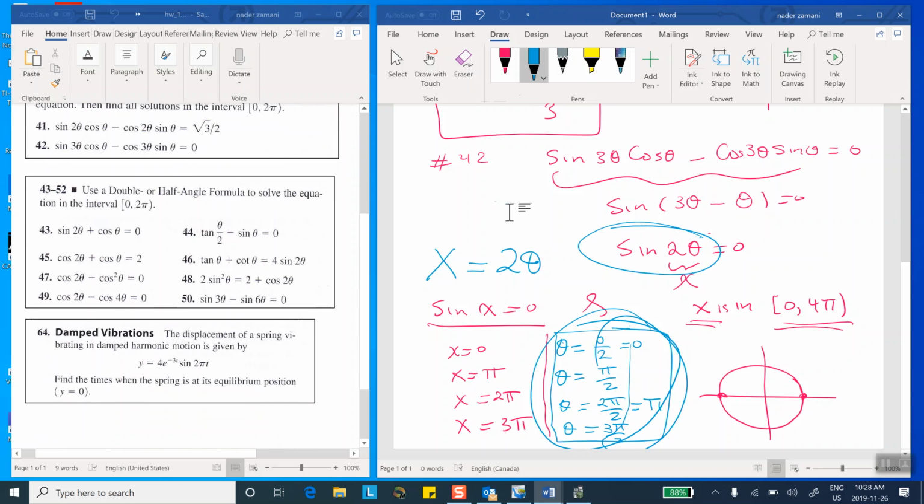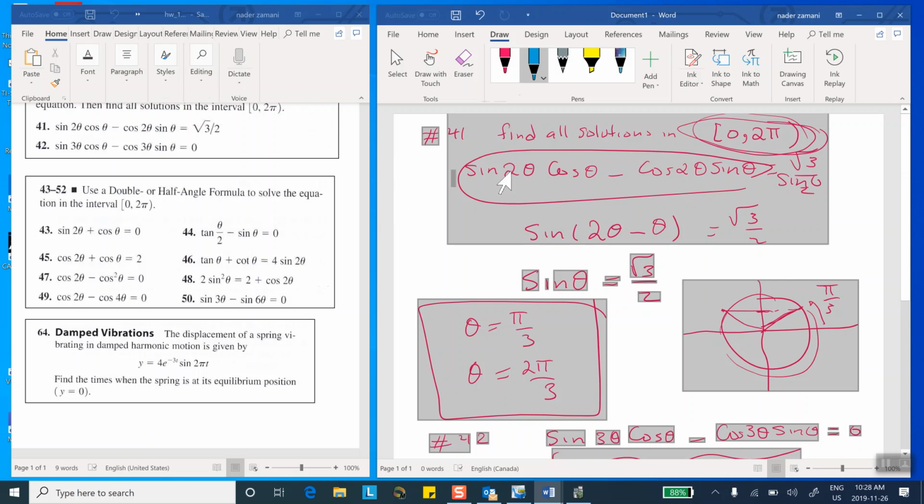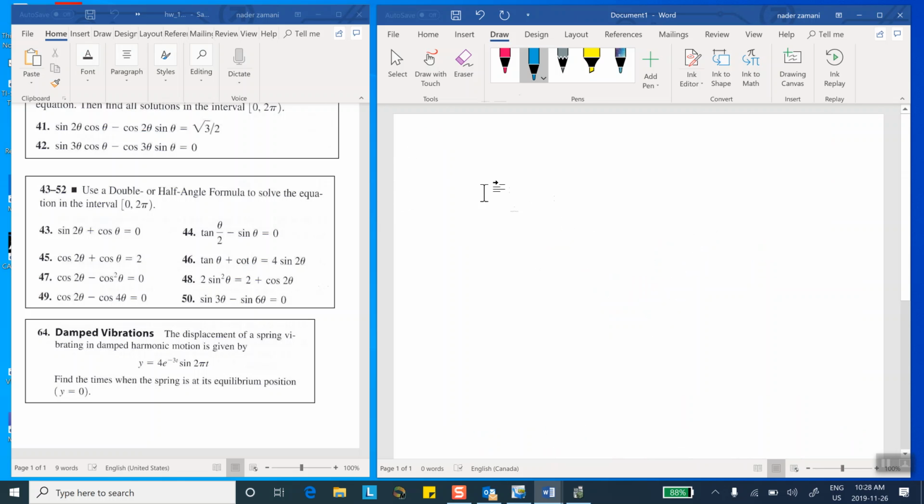Let me do one more in this video segment. Maybe 43 and 44 we're going to do here. Okay, 43 and 44. Let me erase these. So 43 says sine of 2 theta plus cosine of theta equal to 0, and we want theta in 0 to 2 pi.